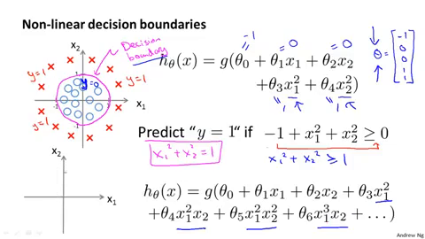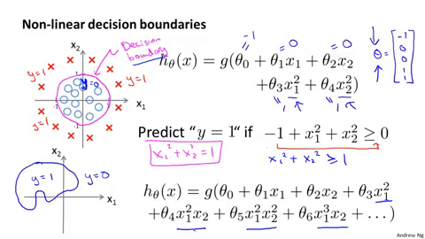Logistic regression can be used to find decision boundaries that may, for example, be an ellipse like that, or maybe with a different setting of the parameters, you can get instead a different decision boundary, which may even look like some funny shape like that. Or for even more complex examples, maybe you can also get decision boundaries that look like more complex shapes like that, where everything in here you predict y equals 1, and everything outside you predict y equals 0. So with these higher order polynomial features, you can get very complex decision boundaries.